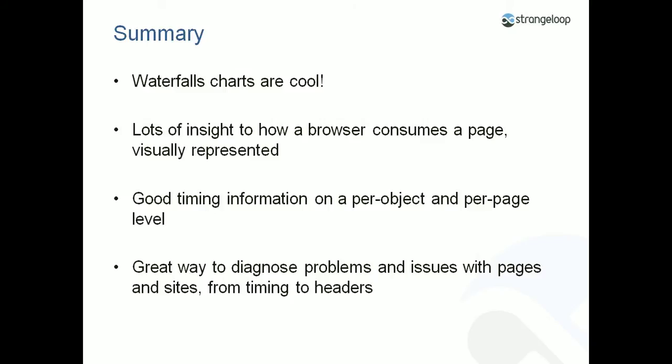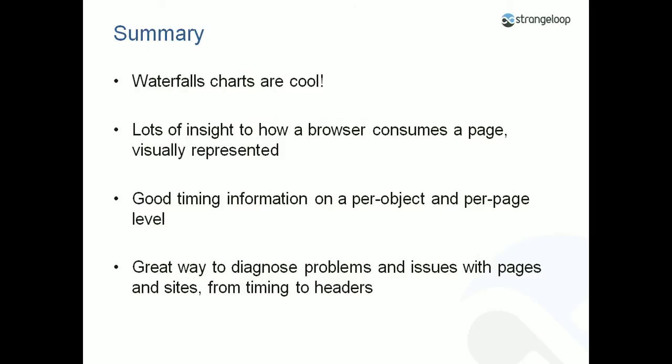We do get good timing information on a per-object and per-page level, so everything that we need with performance and timing is available to us. We just need to dig and get that information. When you look at it big picture, the color coding really helps figure out what fraction of each resource's timing went into each component of performance, and the vertical bars in WebPageTest, for example, give us the start render, end render, and the onload event, where they fire.